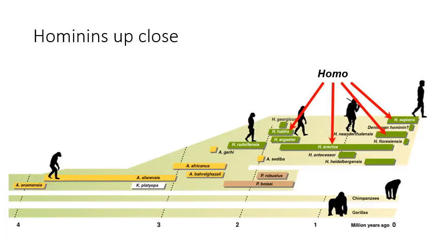The top part of the image here, we have in yellow representing the genus Australopithecus. So that's a word that you guys are going to have to get real familiar with. Australopithecus are a form of hominins that are thought to be direct ancestors of modern day humans.